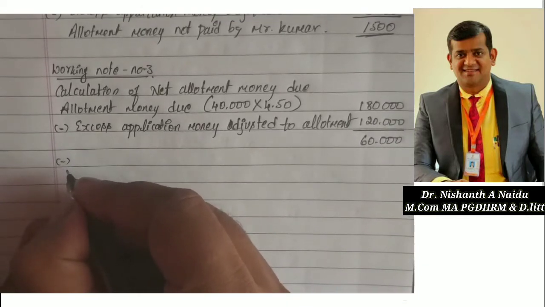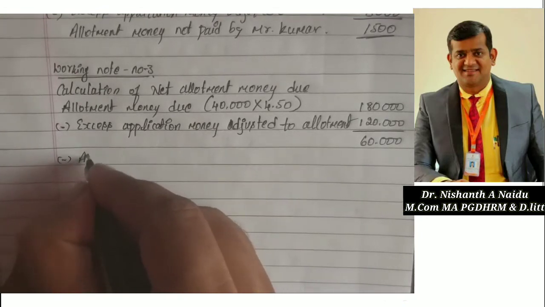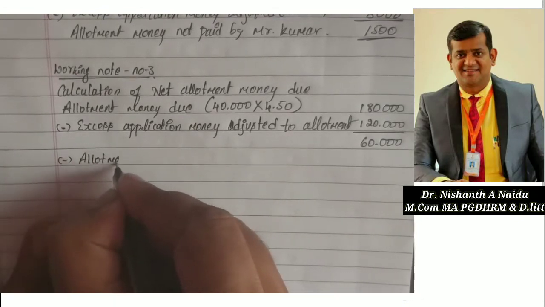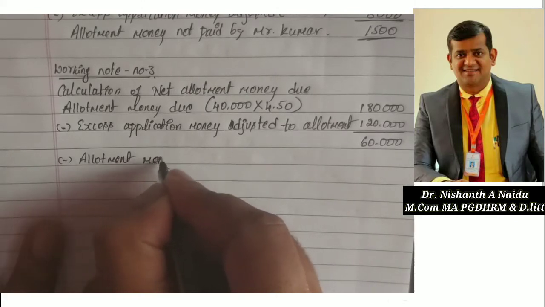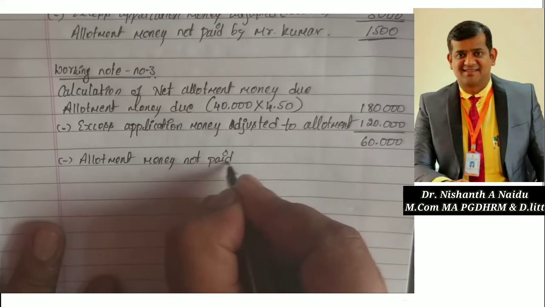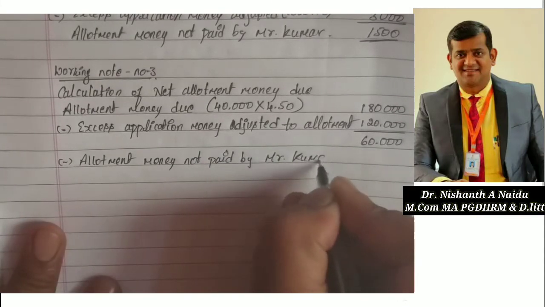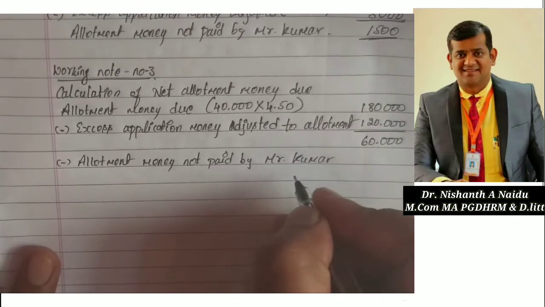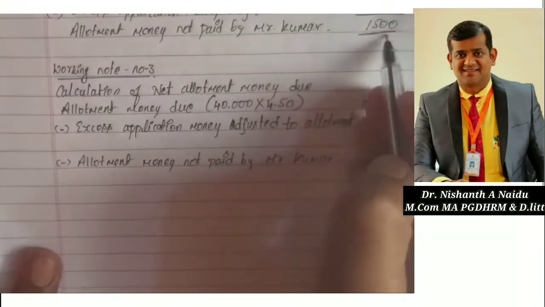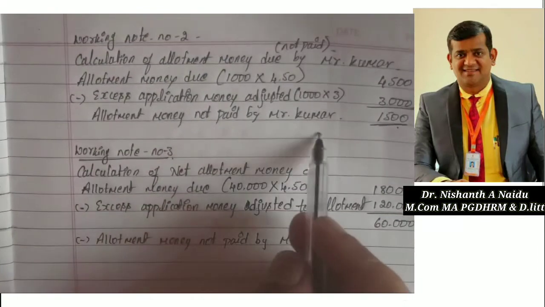So this is actually what we are supposed to receive from the public, but here there is an amount not paid by Mr. Kumar, that is allotment money. So deduct that: less allotment money not paid by Mr. Kumar. So how much did he not pay? 1,500.